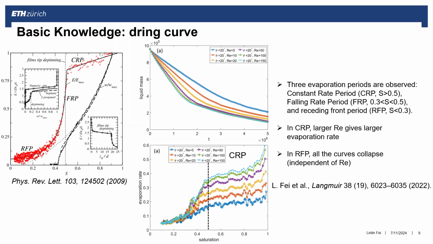And when large pores are dried out, the drying rate decreases significantly. It is the second phase, FRP, the falling rate period. And in the third case, the liquid-gas interface is receding deeply into the porous medium. It is called the receding front period, RFP, and we reproduce such phenomena as in experiments.